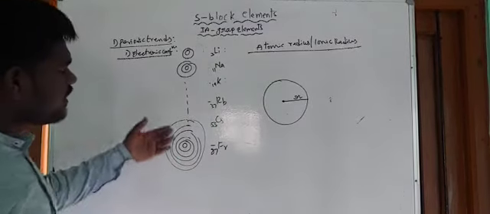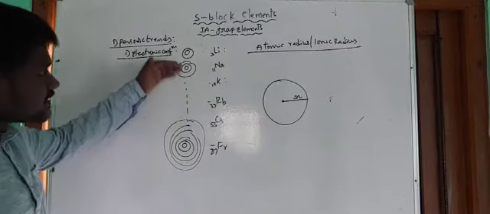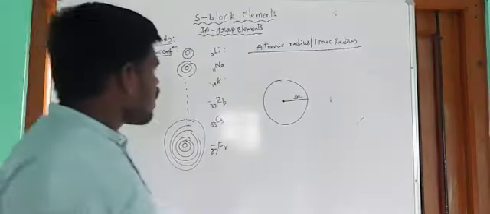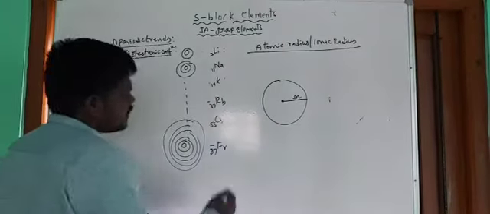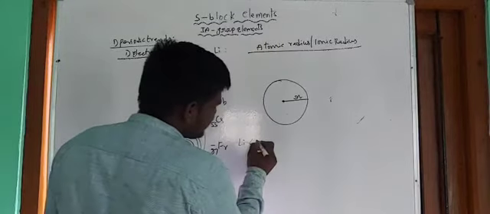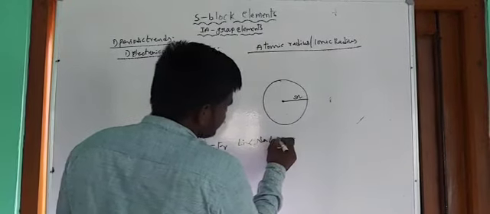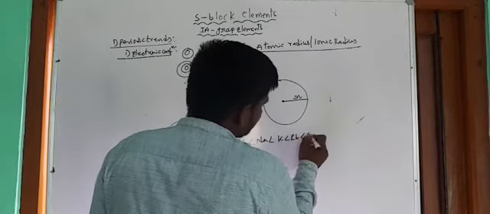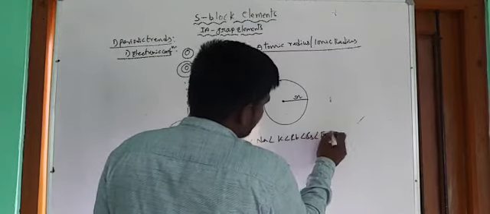Due to the increase in shell number, the size of the atoms also increases in the first A group from top to bottom. So here you can write the order also. Lithium atomic radius is less than sodium, less than potassium, less than rubidium, less than cesium, less than francium.